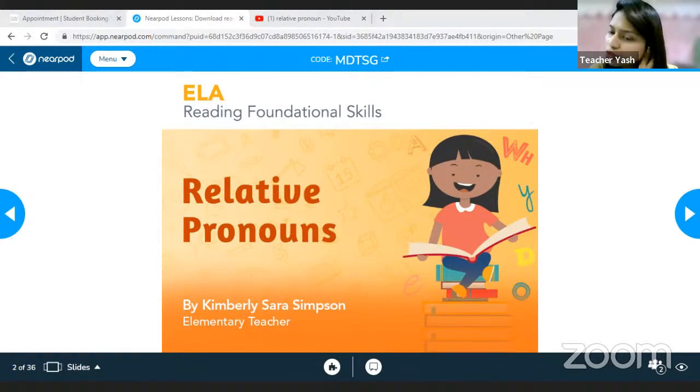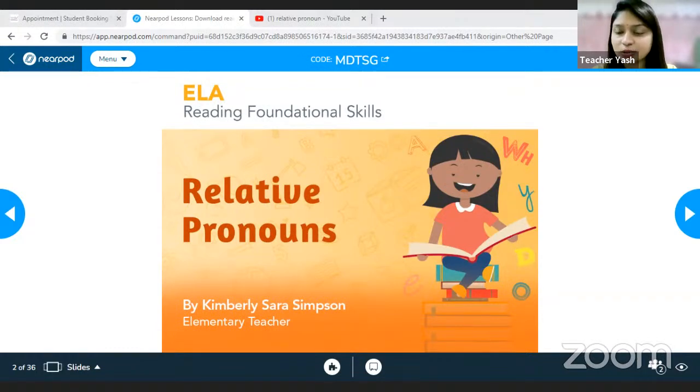For example, look at the boy who is wearing a black shirt. Or, the restaurant where I ate yesterday was delicious. Can you see my sentence?